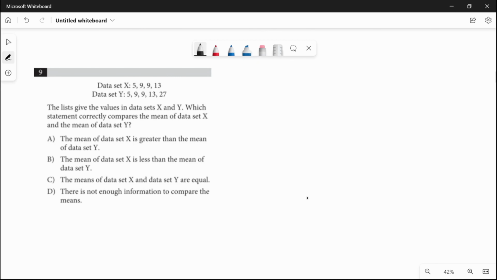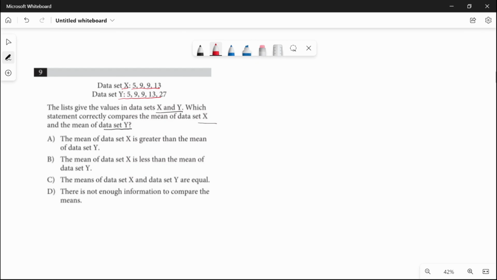Question number 9. The list gives values in data sets X and Y. Which statement correctly compares the mean of dataset X and the mean of dataset Y? So first, let's have a look at dataset X. In dataset X, we have four values, which are 5, 9, 9, and 13.